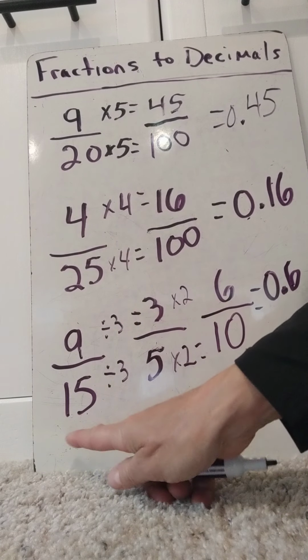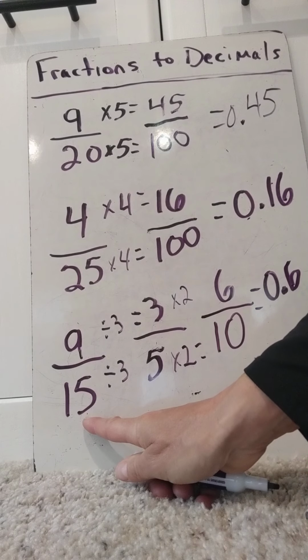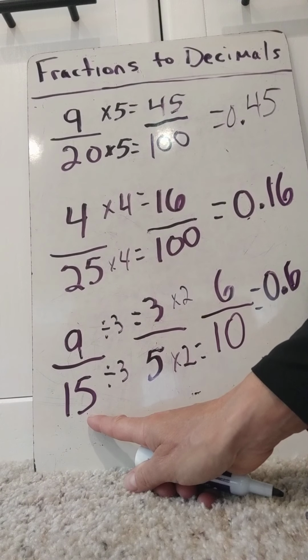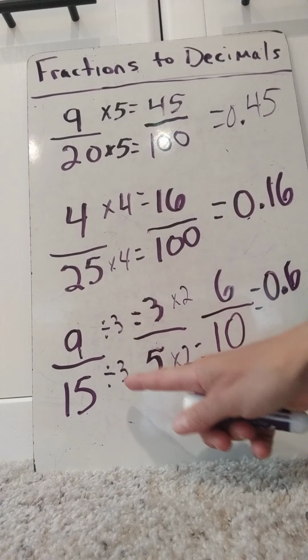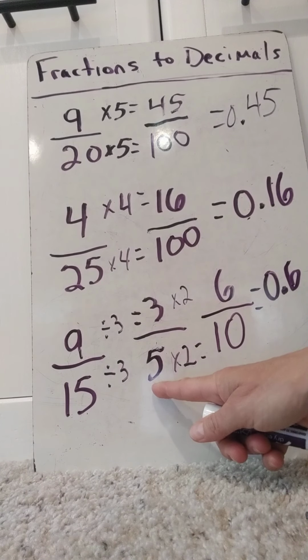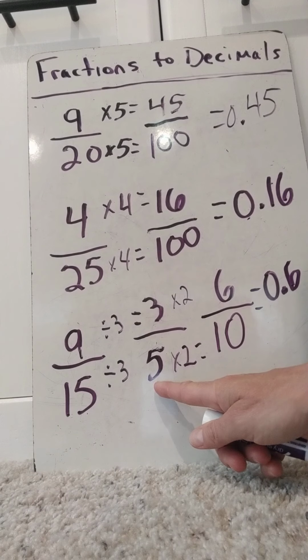So sometimes it's not going to be that easy, boys and girls. You're going to look at this denominator and you're going to say to yourself, well, I can't get it to 100 or I can't get it to 10. That's when you're going to have to make a new equivalent fraction. And your denominator is going to have to be a number that is divisible by 10 or 5. And you might have to play around with it a little. It's not always that easy.